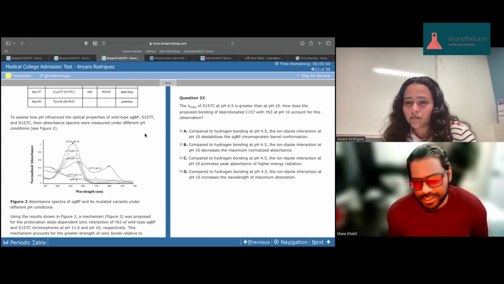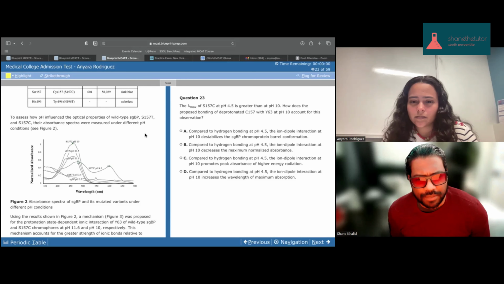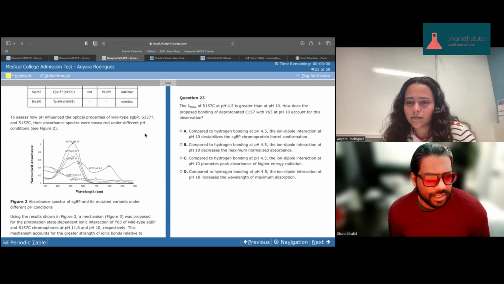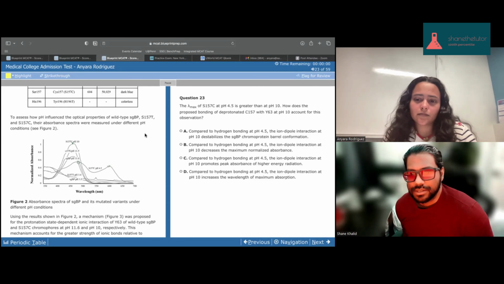That's just absorbance. But I think I want to look for something that talks about energy. That I see: ion dipole interaction at pH 10 promotes peak absorbance of higher energy radiation. That would be in line with what I would be looking for.